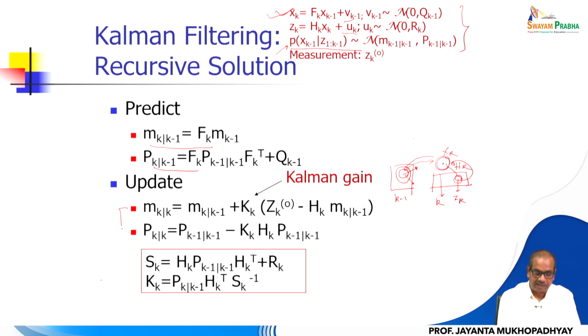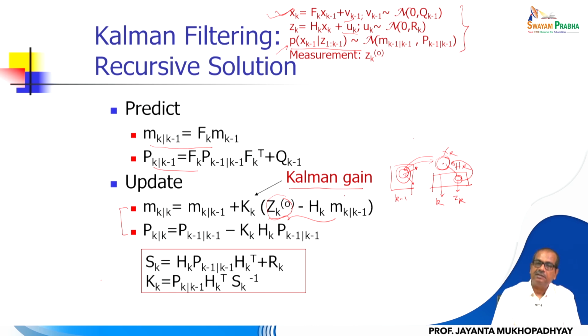So this is the update part that we discussed in the last lecture, and there is a Kalman gain which updates the predicted one by multiplying with the observation and the projected measurement of the predicted one.